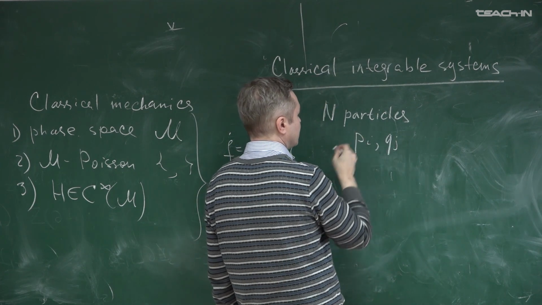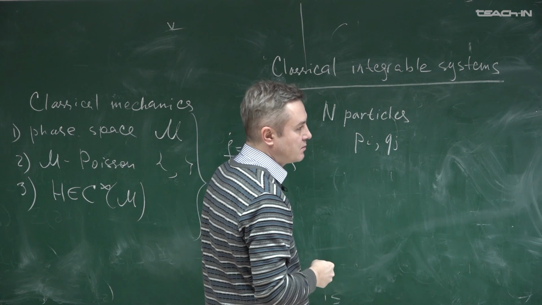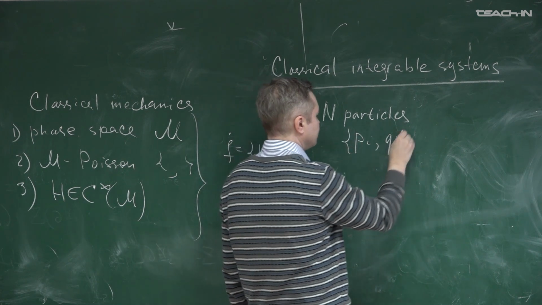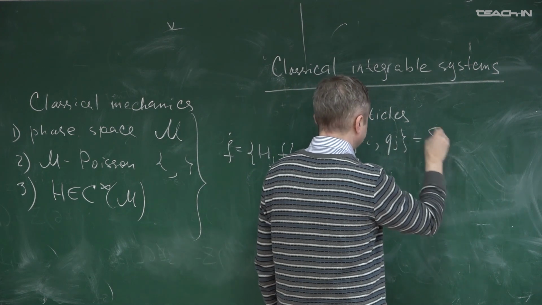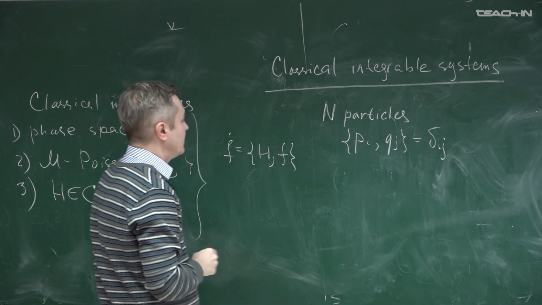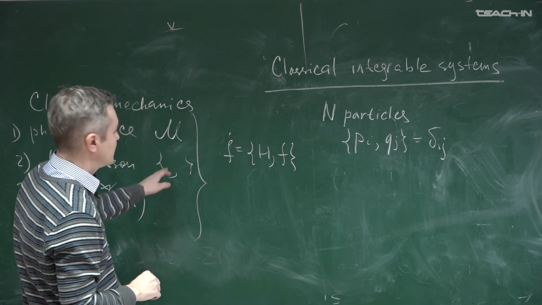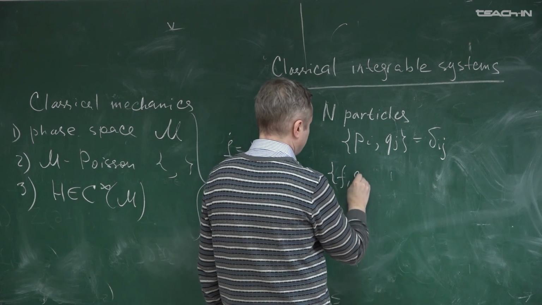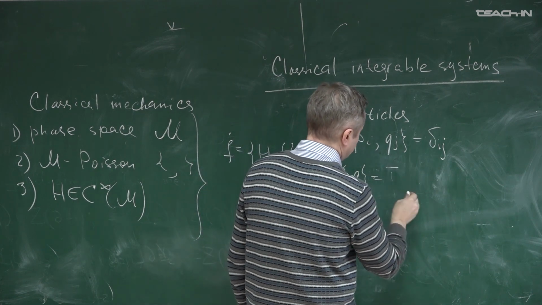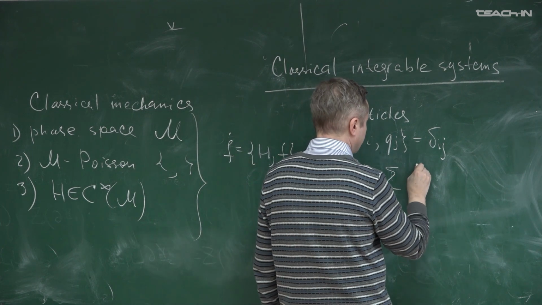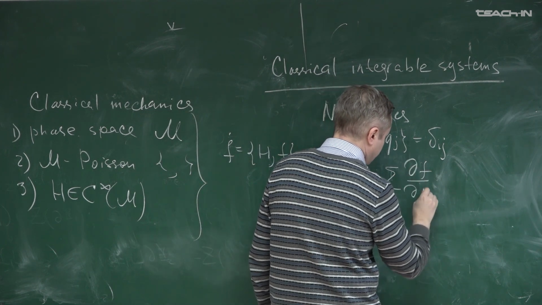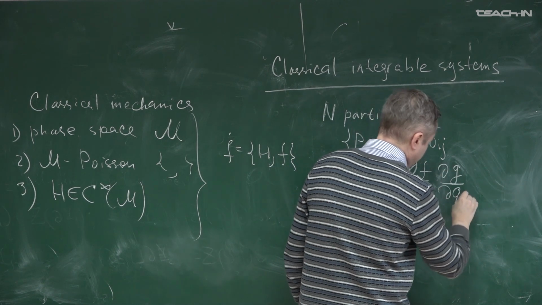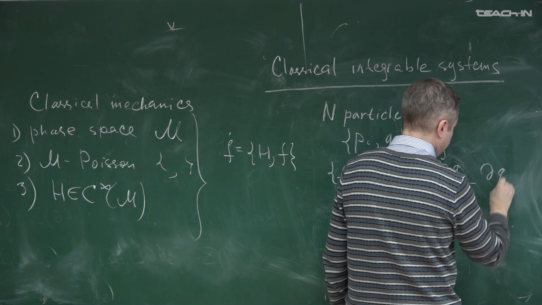Traditionally, for many-body systems, we define the so-called canonical Poisson structure. In this case, this Poisson bracket has a very simple form. It is just the derivative of f with respect to p_i, and minus vice versa.